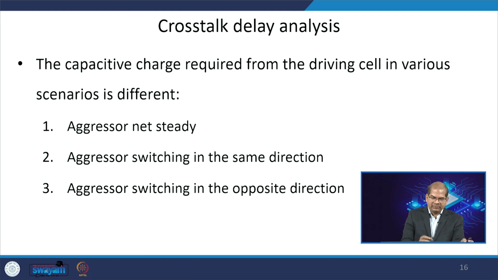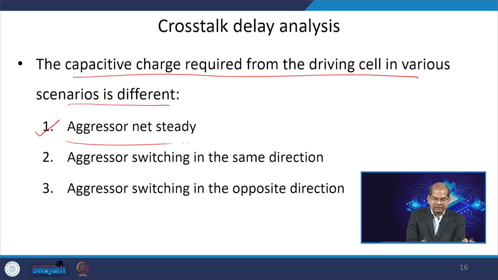This is the capacitive charge required from the driving cell in various scenarios. The first case is that your aggressor net is steady, there is no switching in the aggressor net. The second case is that the aggressor switches in the same direction as the victim net, and the third case is that the aggressor switches in the opposite direction of the victim net.